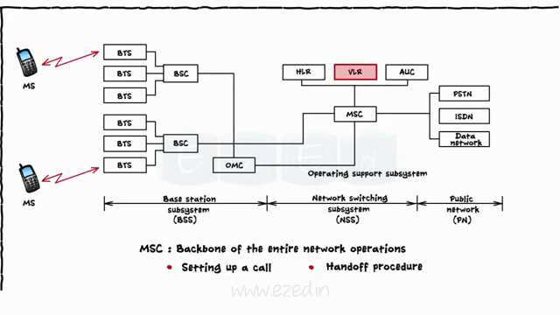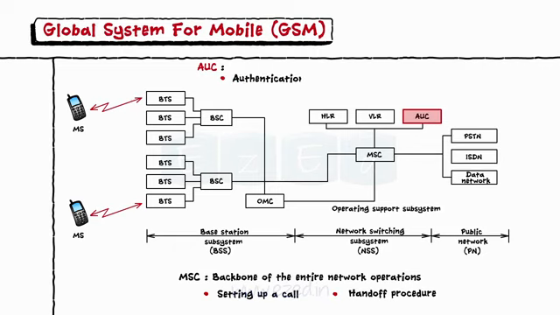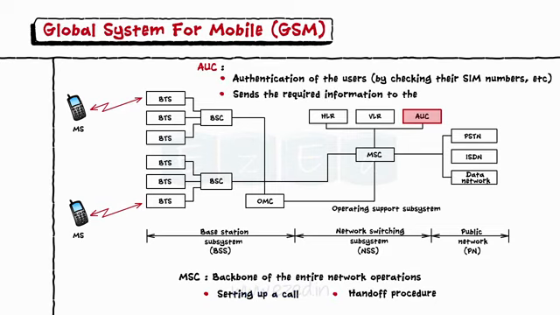VLR, Visitor Location Register, keeps track of all the users who are visitors for that particular geographical area, mainly roaming customers. AUC, Authentication Center, mainly controls the authentication of the users by checking their SIM numbers, etc., and sends the required information to the MSC.